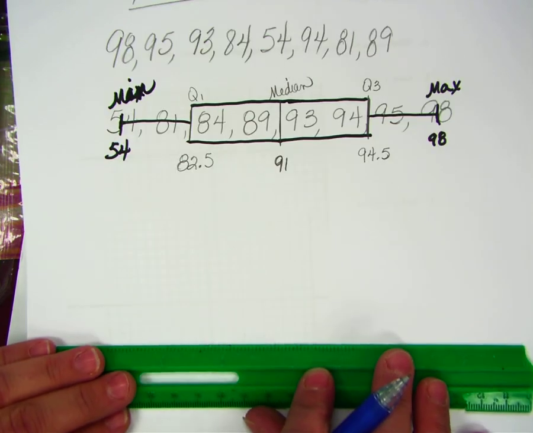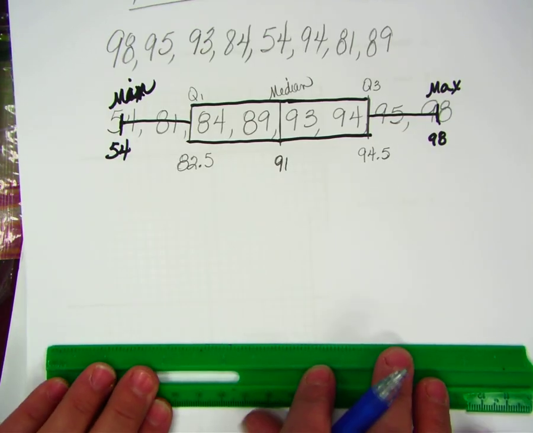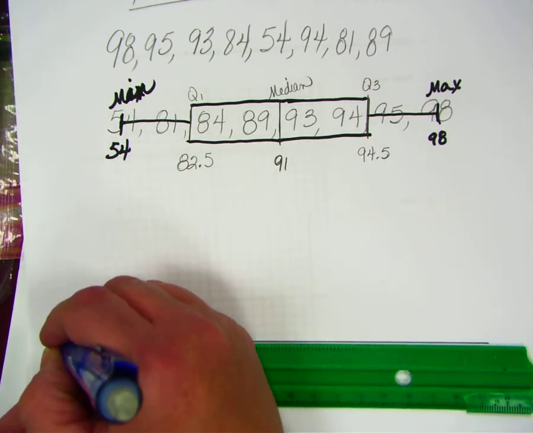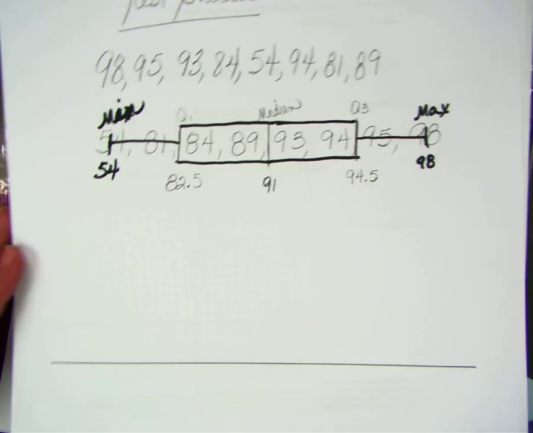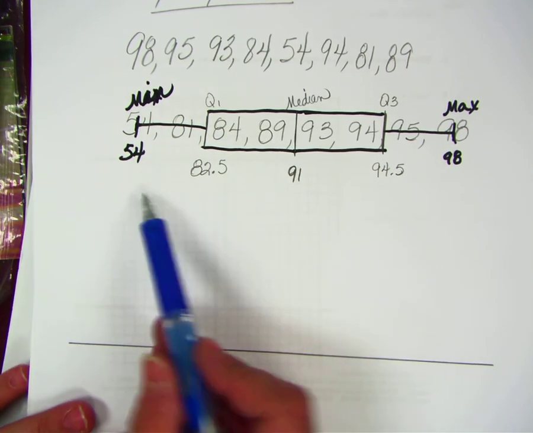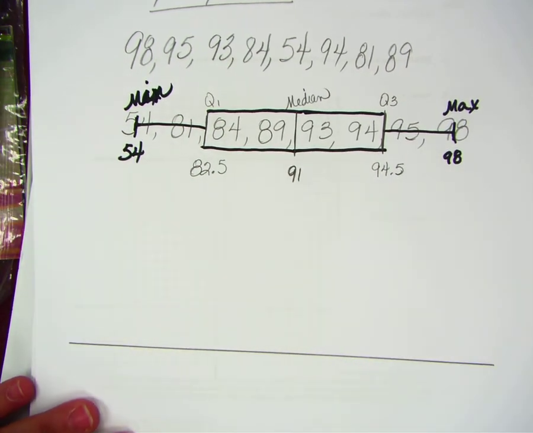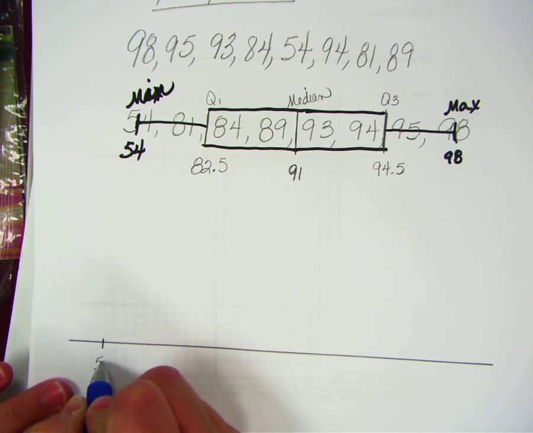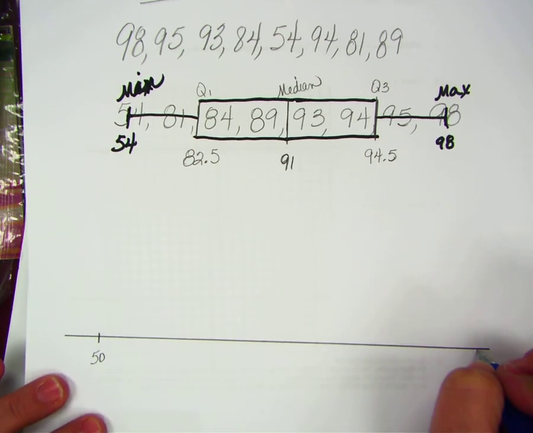I'm going to leave myself lots of room because I'm actually going to put 2 on here. Now my low number is 54 and my high number is a 98. So I'm going to start down here at 50. And I'm going to go to 100.